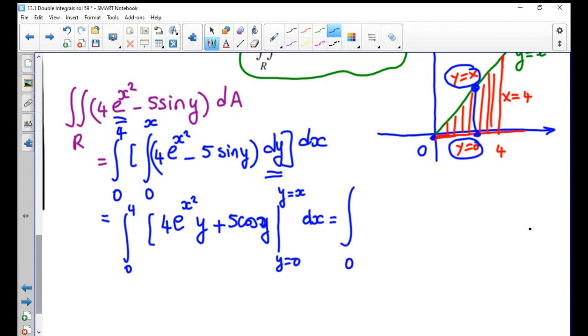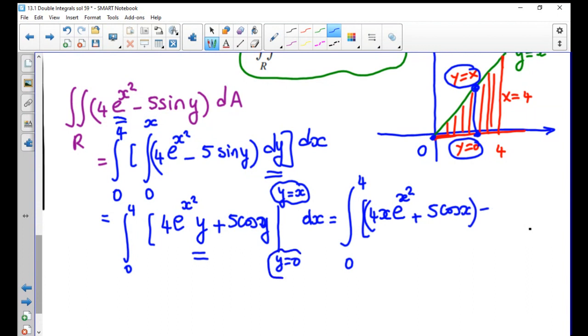Now let's substitute y by x. You will get 4x e^(x squared) plus 5 cosine x, minus, substitute now y equals 0.